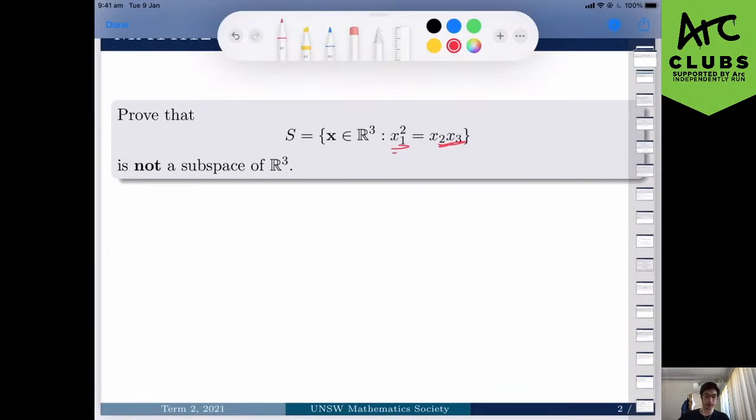In other words, will that condition still be satisfied? In this case, it will be, because if we multiply each term by lambda, a factor of lambda squared will come out there, and a factor of lambda times lambda will come out on that side, so it will still hold. So the only thing left is the addition condition, the closure under addition.